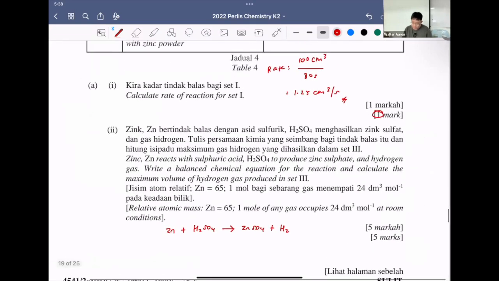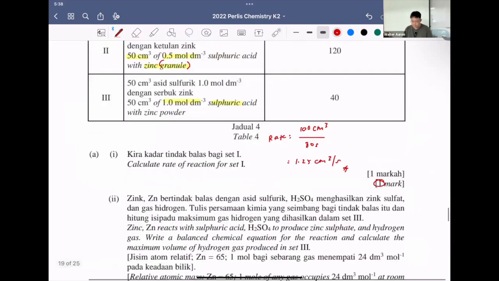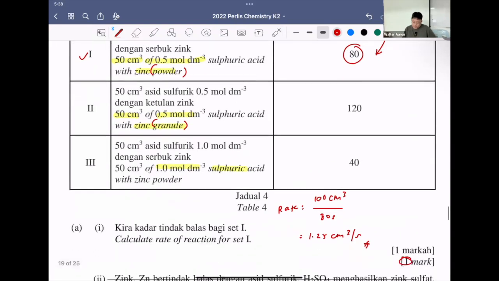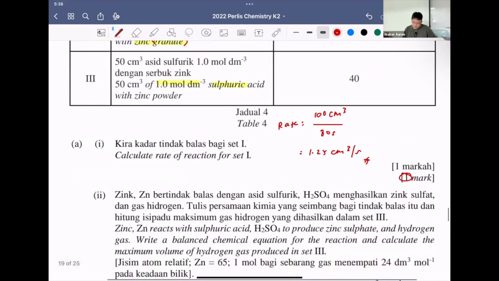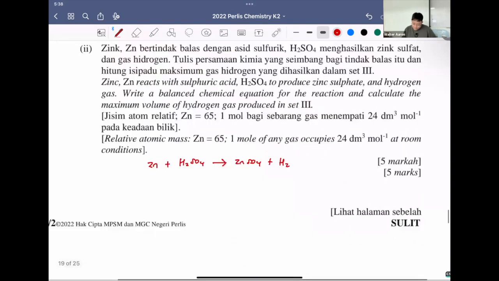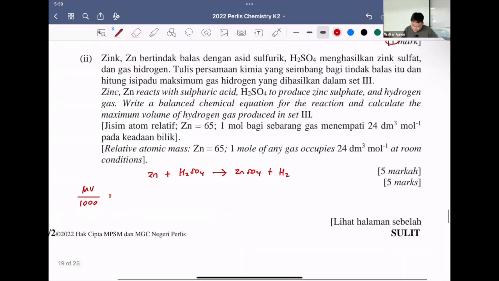Okay, very simple. Let's take a look at the number of moles of acid for complete reaction. So the acid here will be 1 times 50. So we use the formula of MV over 1000 to get the number of moles. I think that's pretty simple as well.